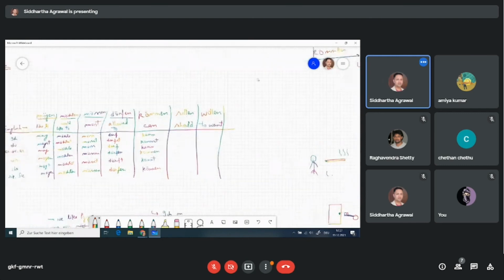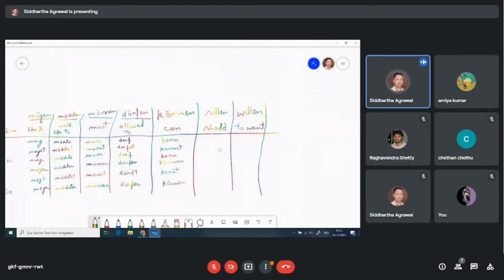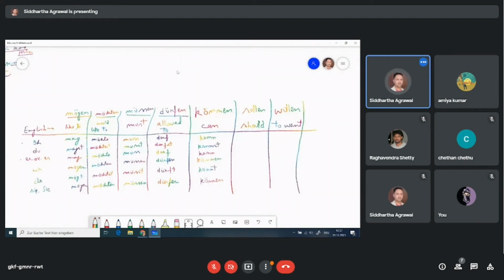All right, so now we are done with können. Now along the same lines comes "should", which is sollen. So this is conjugated like this. Let me zoom the screen.